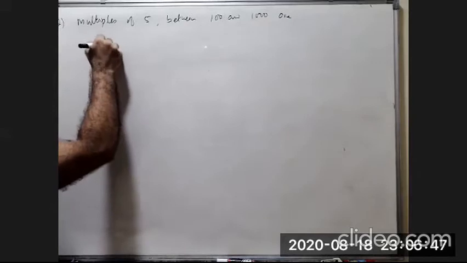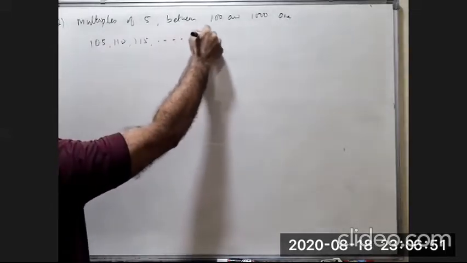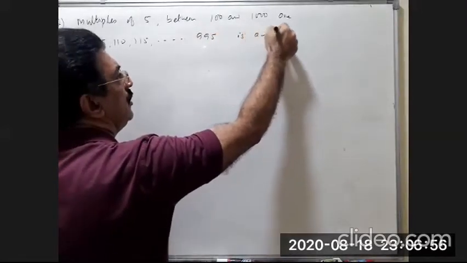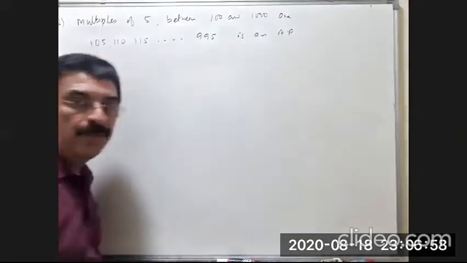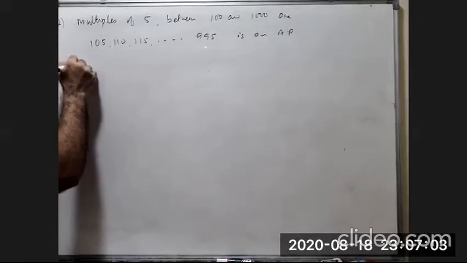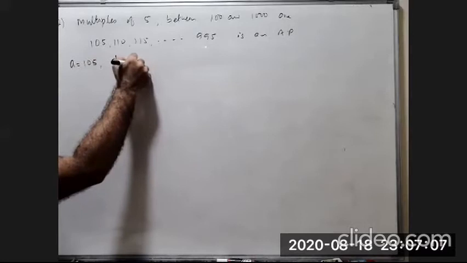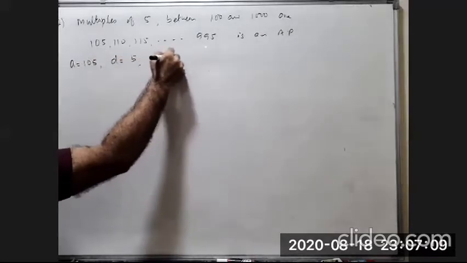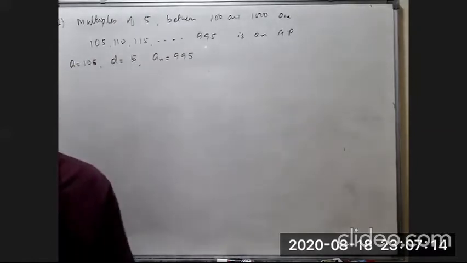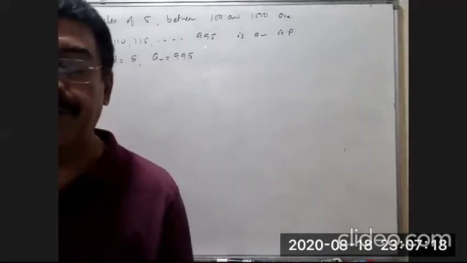So 105, 110, and so on till 995. Definitely it is an AP. So in this AP, a is the first term 105, d, the common difference, is 5, an is 995. And the question is to find Sn.